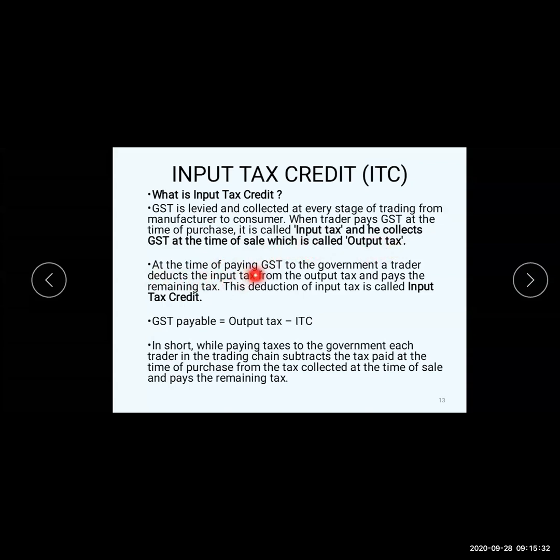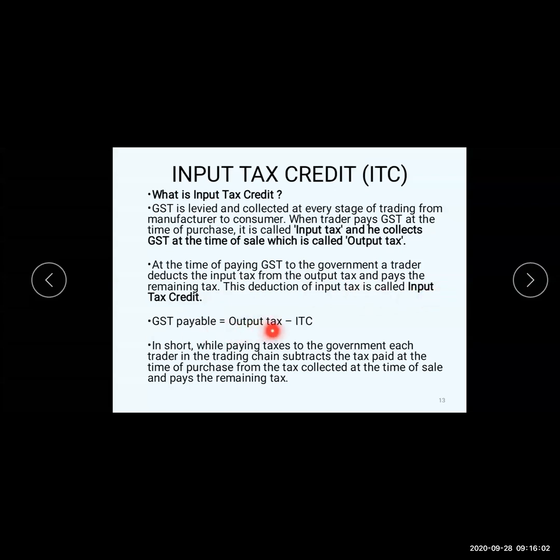So at the time of paying GST to the government, a trader deducts the input tax from the output tax and pays the remaining tax. This deduction of input tax is called input tax credit.